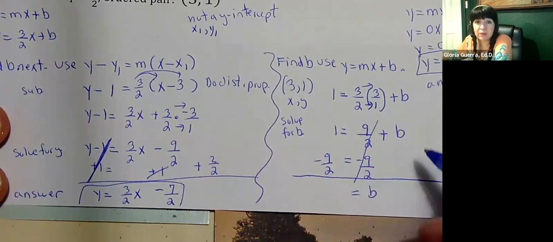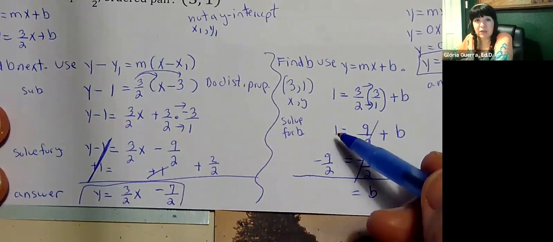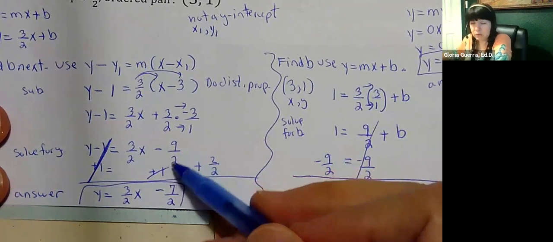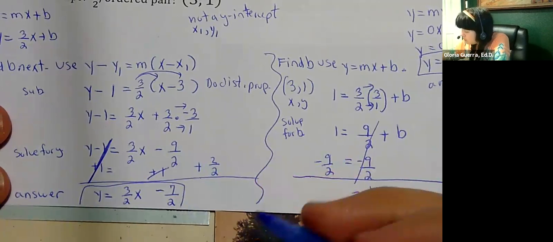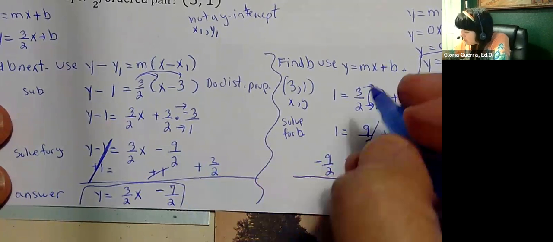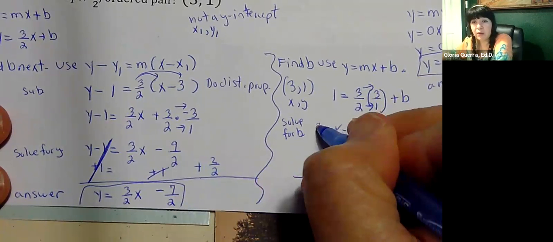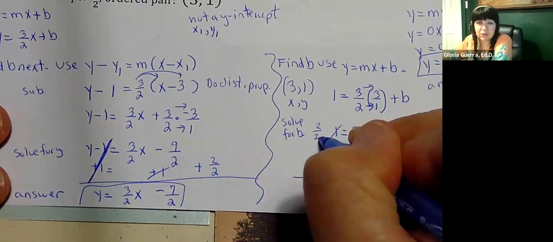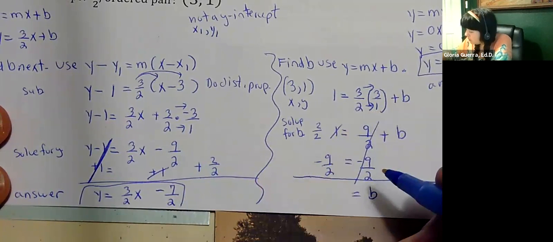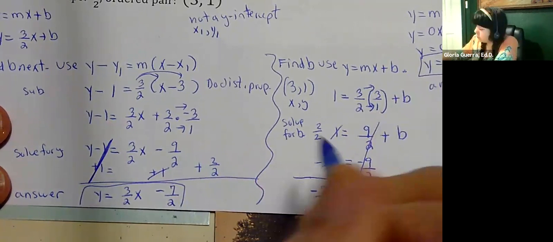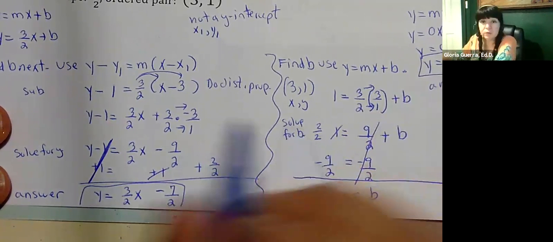And then I'm adding 1 minus 9/2, which looks a little familiar, right? Over here, some of the work is similar. And so I'm going to cross out this 1 and I'm going to say 2 over 2, because 2 over 2 is 1. So now I have 2 over 2 minus 9/2. So 2 minus 9 is a negative 7 over 2. So there's your b.